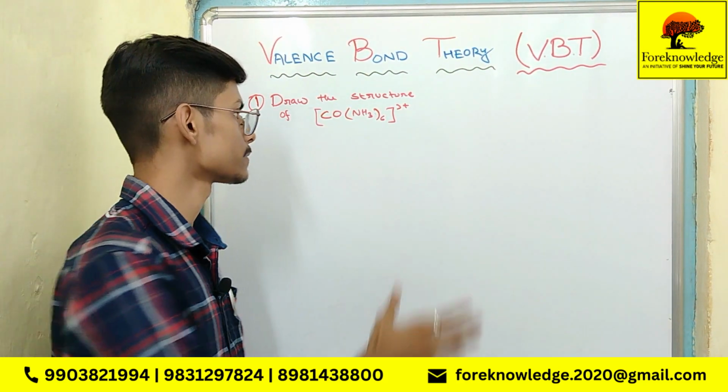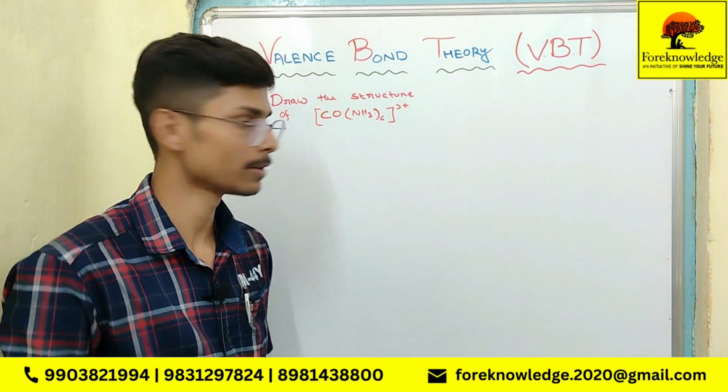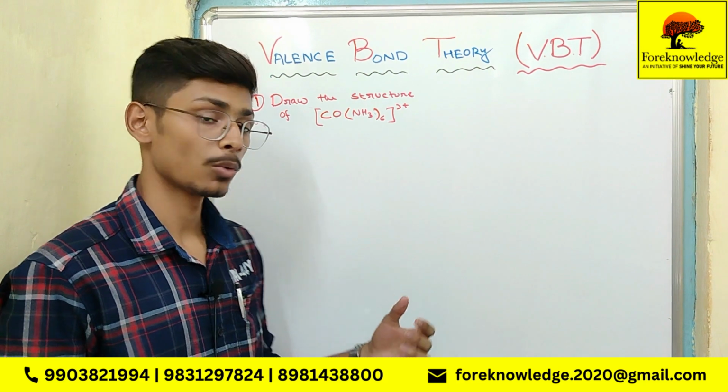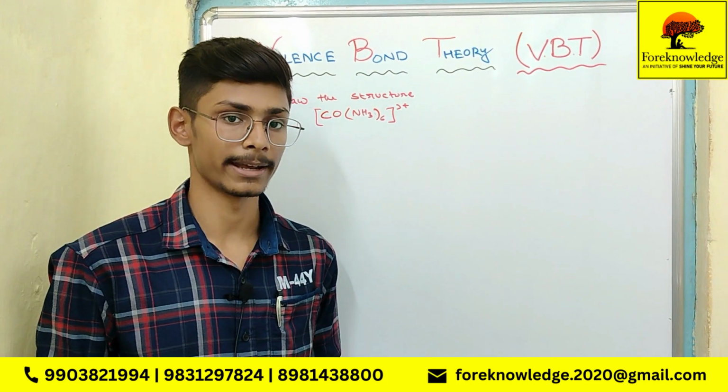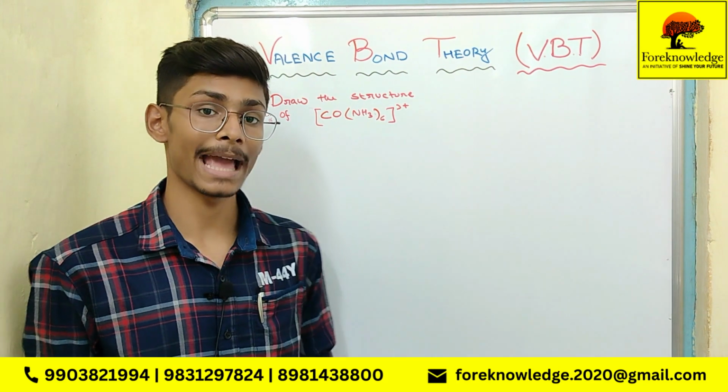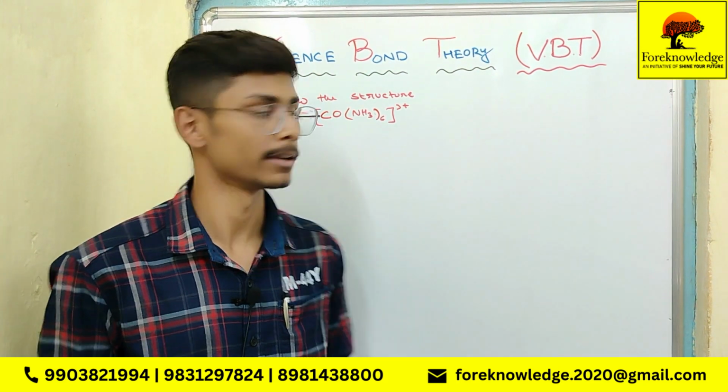You can see it's all like its previous type. What is its twist? The twist is what we know, NH3 is a weak field ligand, right? But here for this case, NH3 will act as a strong field ligand. Why?